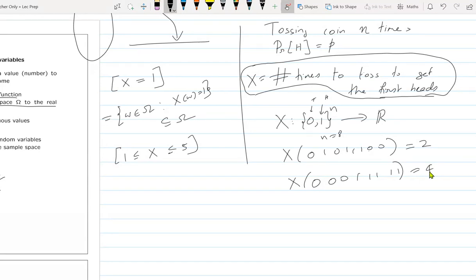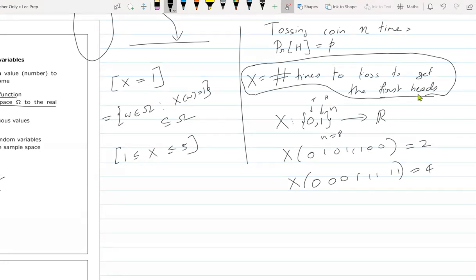So everybody is clear what the random variable is. Now let's write the probability density function of this random variable. Explain this part once again. What is the random variable? It is the number of times you should toss to get the first head. You toss, you are not getting head. You toss, you are not getting head. So how many times should I keep tossing to get the first head?